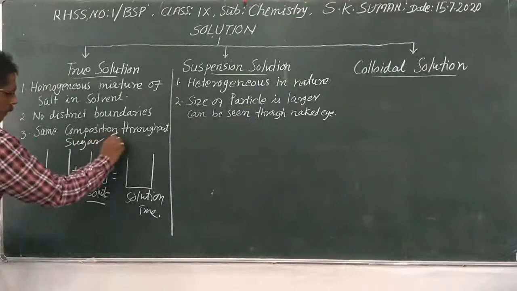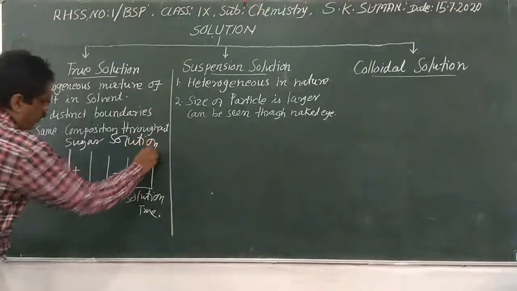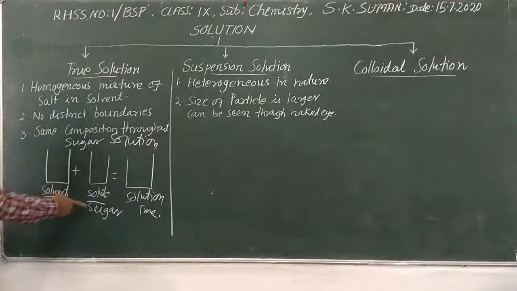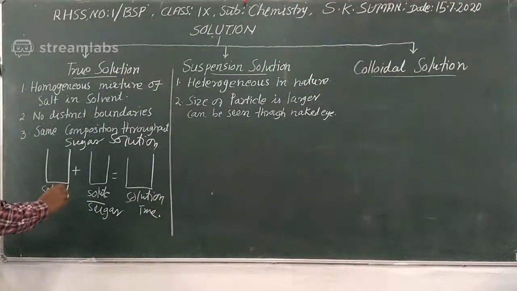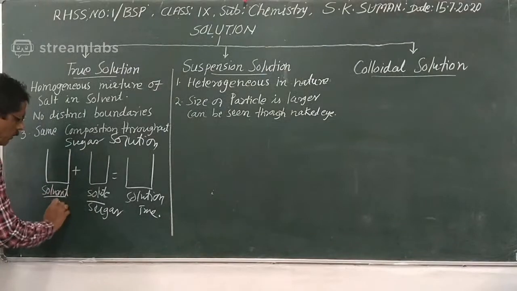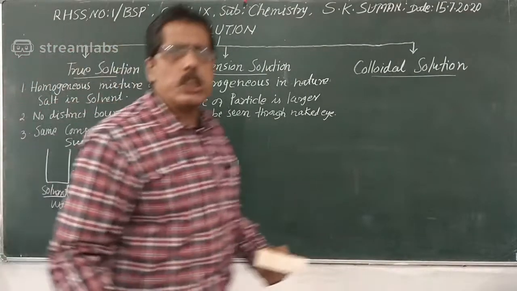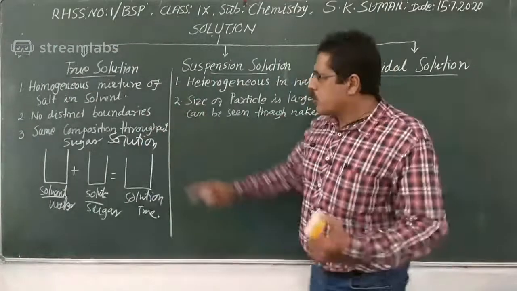So in sugar solution, sugar is the solute and water is the solvent, and you are mixing sugar in water. Then you stir it, mix it. Finally what do you see? You find a clear solution whose composition is the same throughout.